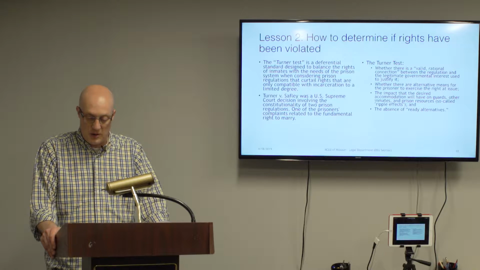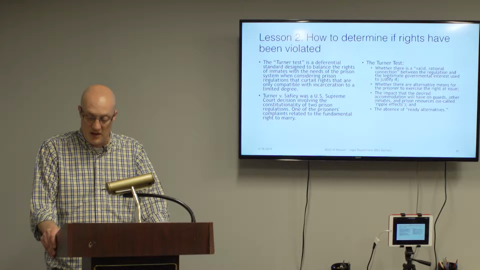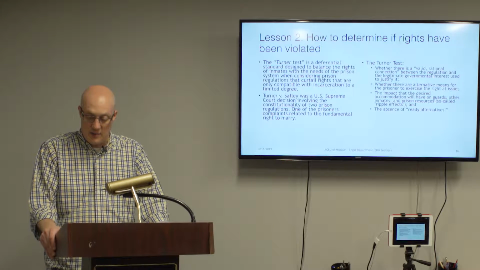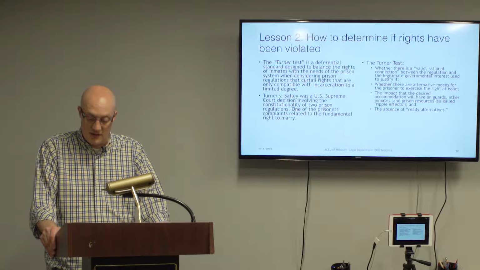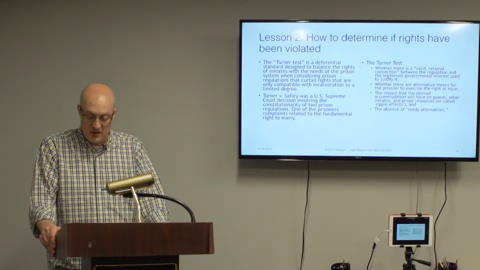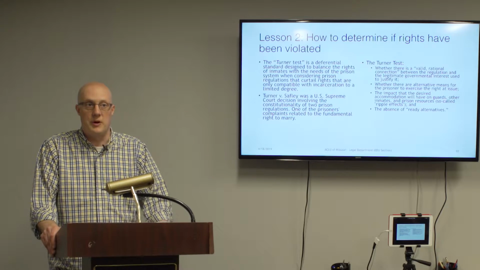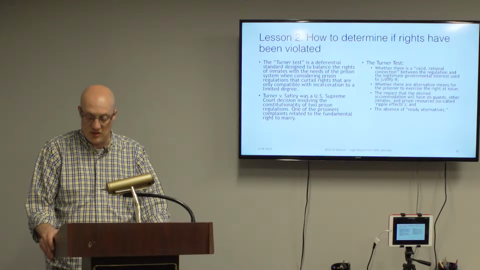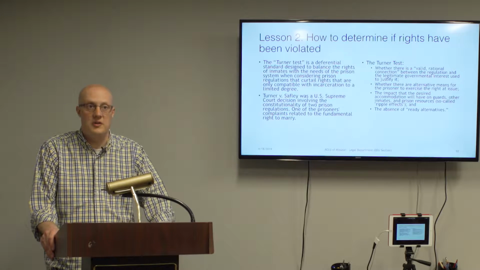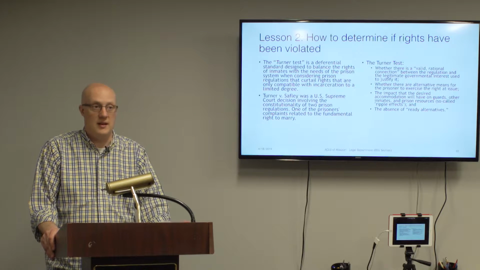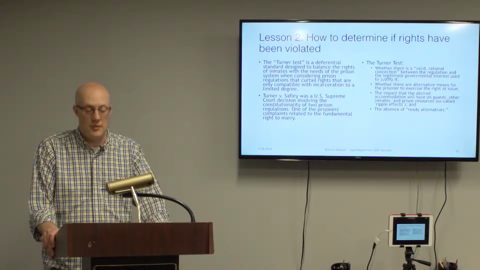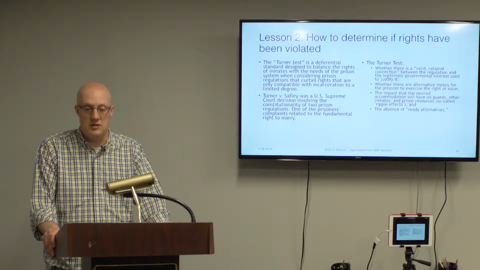The official must both be aware of the facts from which the inference could be drawn that a substantial risk of serious harm exists, and he must also draw the inference. The Eighth Amendment does not outlaw cruel and unusual conditions. It outlaws cruel and unusual punishment. The way that this generally has presented itself in the Eighth Circuit is in medical indifference claims, or claims of a deliberate indifference to a serious medical condition.